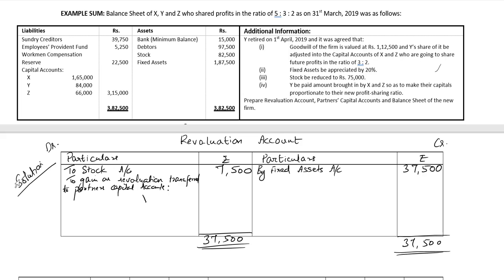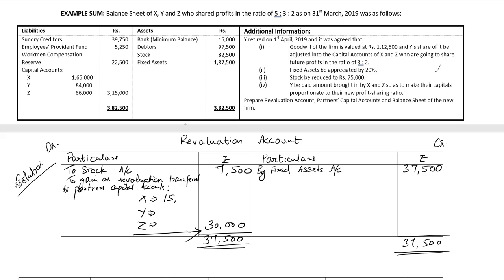We have partner X, partner Y, and partner Z. The total gain on revaluation, 37,500 minus 7,500 rupees, it's 30,000 rupees. For X, it needs to be divided in the old profit sharing ratio 5:3:2.